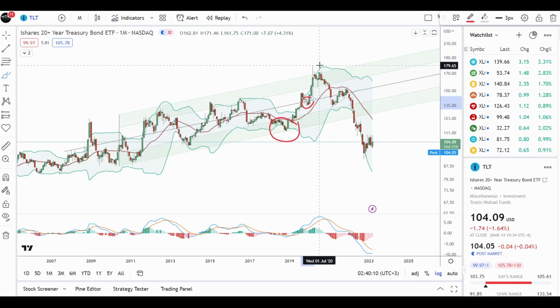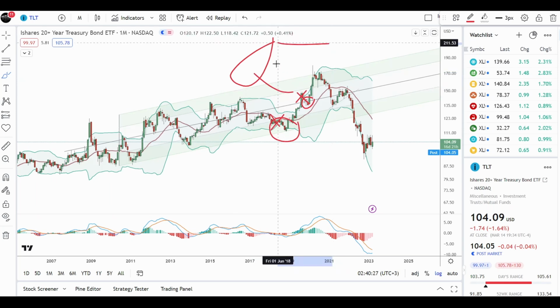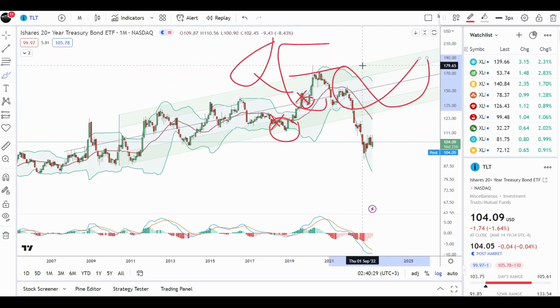TLT continued to rally as the Fed stopped raising rates here and they cut rates back to zero here. So interest rates were cut down here, then back to zero with QE infinity beginning in early 2020 to save the global economy from the global shutdowns, right?